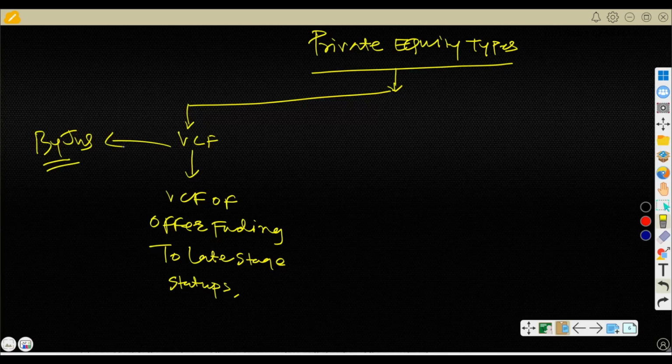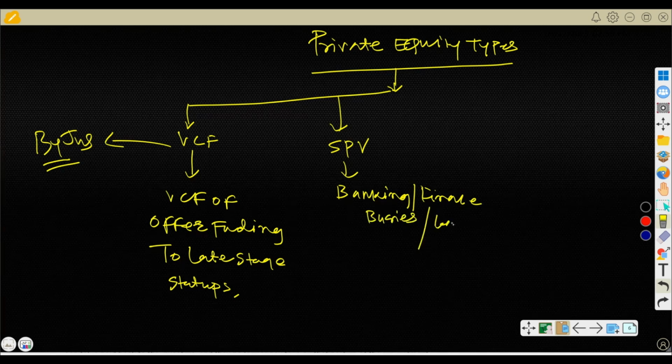Apart from that, private equity funds can invest through a special purpose vehicle. This special purpose vehicle will be created especially for banking and finance businesses, or those in lending businesses.